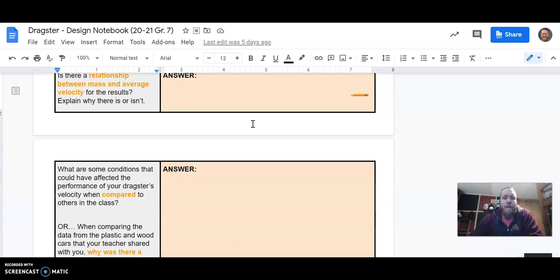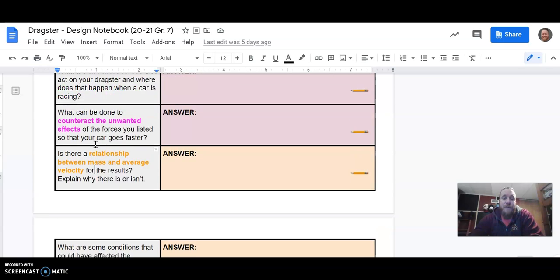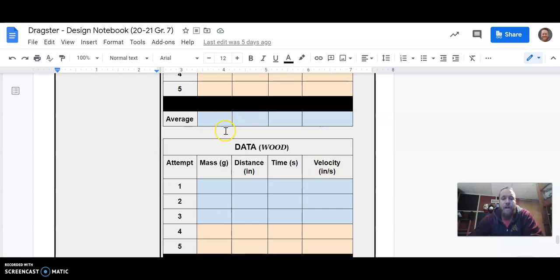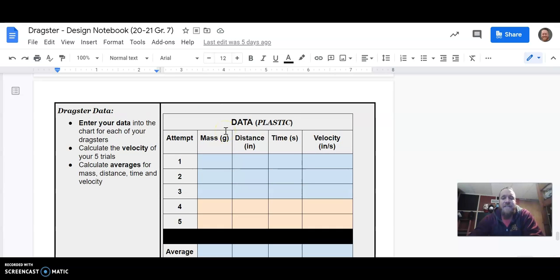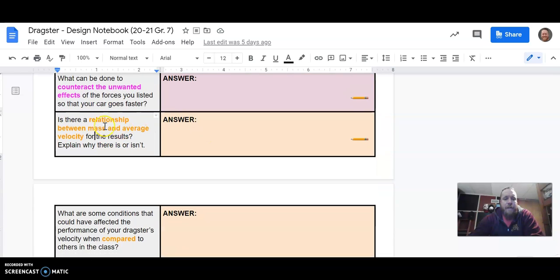Then we've got a couple questions that everybody should answer. Is there a relationship between mass and average velocity for your results? Explain why there is or isn't. So you're going to have to go back up to your data chart from last class, and look at mass and velocity.